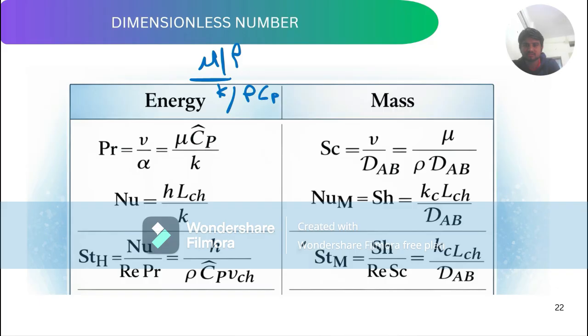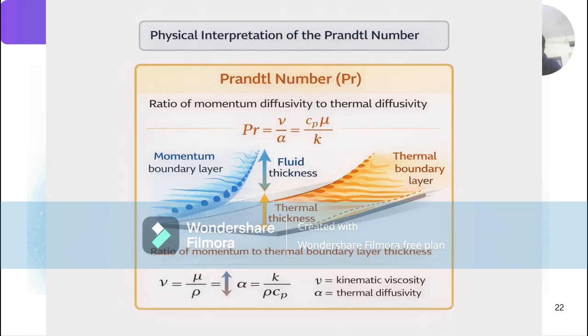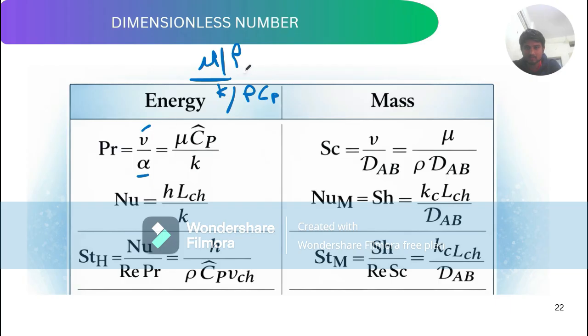So now let us see the relationship between a few more dimensionless numbers. The Prandtl number is momentum diffusivity upon thermal diffusivity. We know that momentum diffusivity is viscosity upon density, and thermal diffusivity alpha equals K upon rho Cp. So this comes out to be mu Cp by K. This is the Prandtl number.